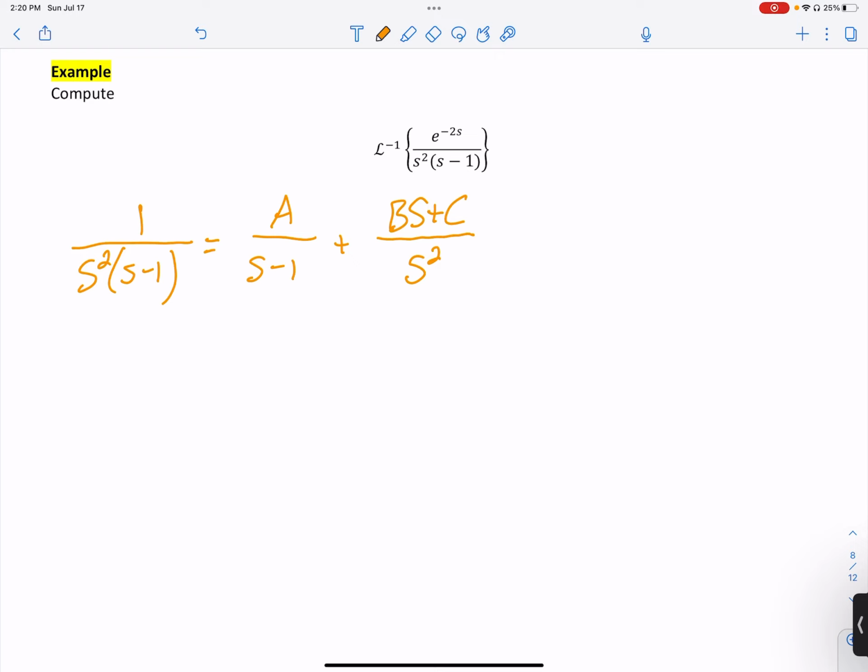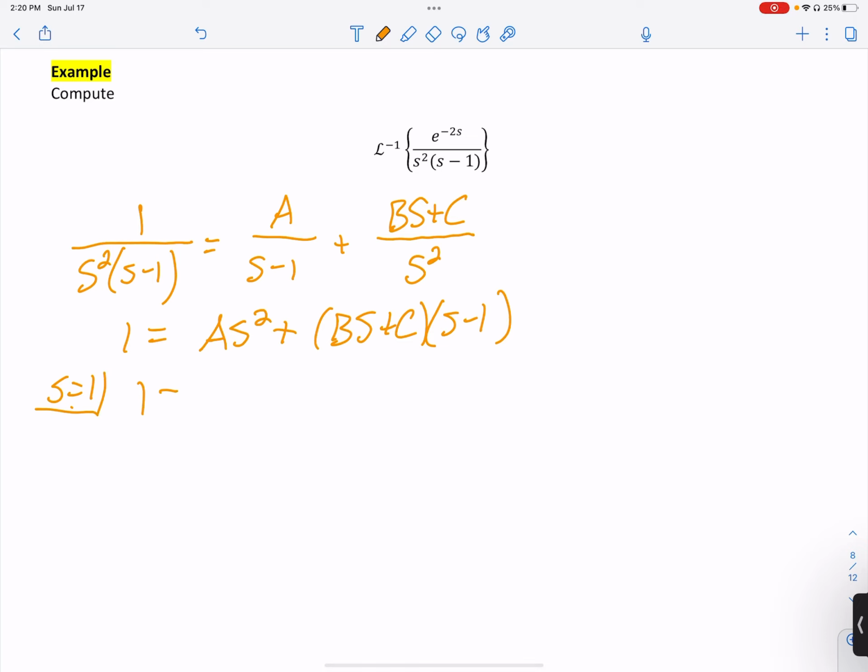All right, so let's go ahead and figure these out. We should multiply first, I guess. I always forget to do that. 1 equals a times s squared plus bs plus c times s minus 1. All right, so let s equal 1. We get 1 equals a. That's nice. S equals 0.